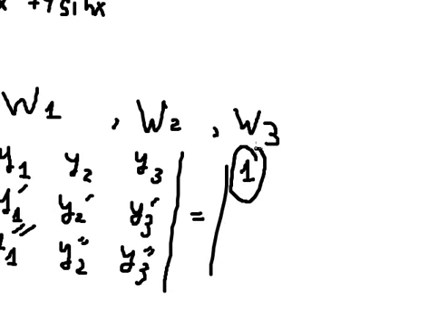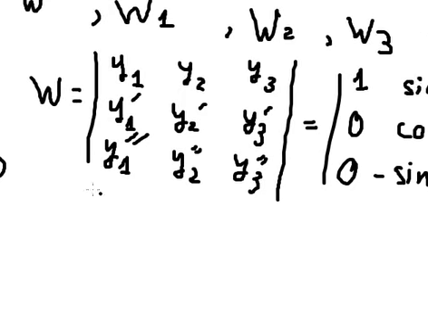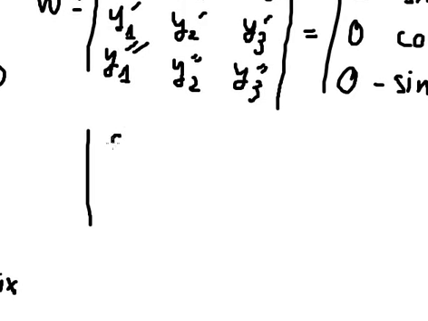Now, we need to find the determinant of this one. So we have the formula in here. To do this one, we need to know that the signs are positive, negative, positive.